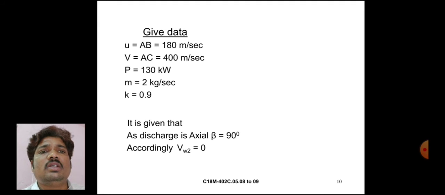It is given that as discharge is axial, beta is equal to 90 degrees. Accordingly, Vw2 is equal to 0.